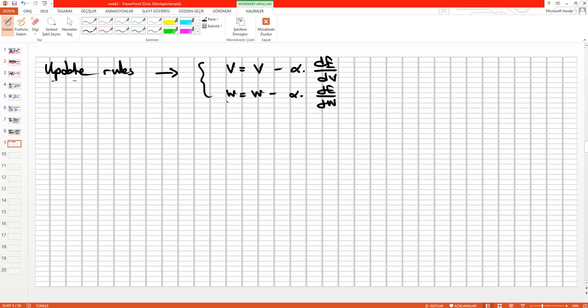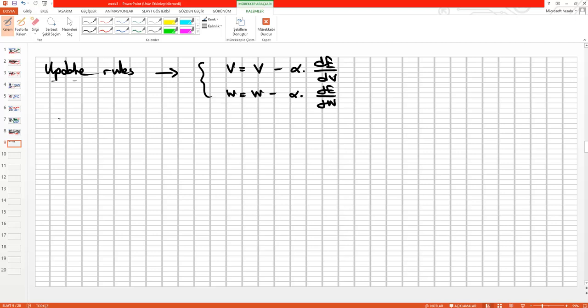Okay, this is the basic structure of the update rules, because if we want to minimize any error coming from the cost function, we can utilize the first-order derivative in order to update the weights. Because in the regression problem or the gradient descent algorithm, we know that if there is a minimum, we can find it by using these terms.